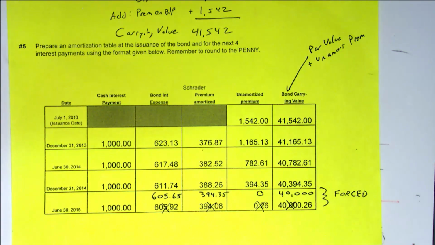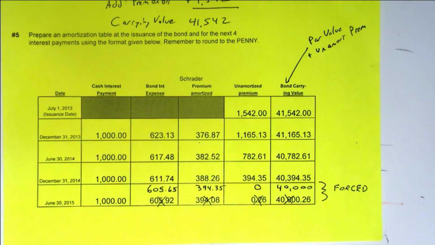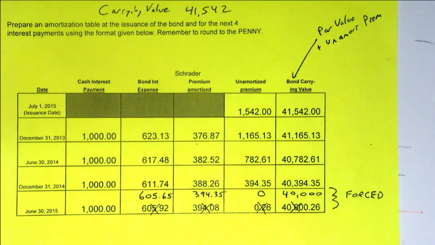Now, again, I had you go to the penny. If you're off by $1 or $2, it's no big deal, okay? The last row, again, since this is only a 2-year bond, this is the last period of the bond. This row right here, correct? So this needs to be 0.